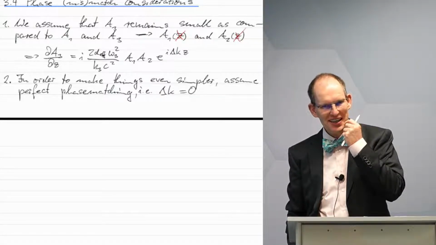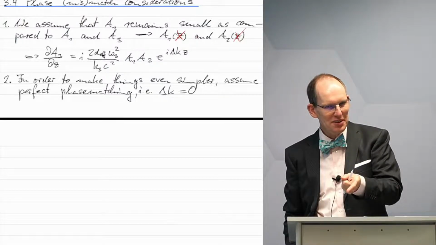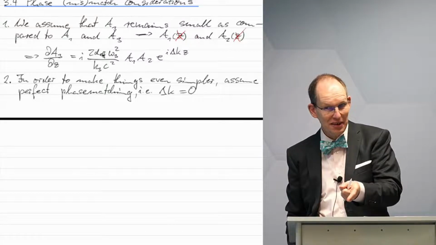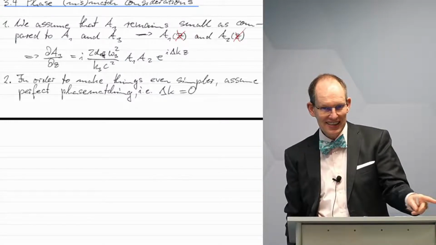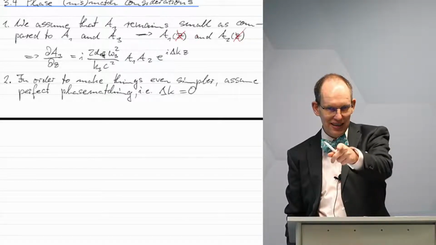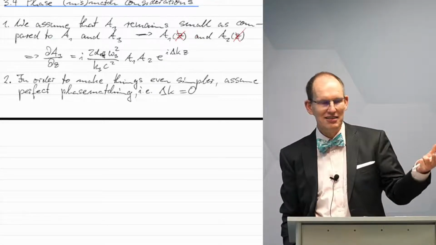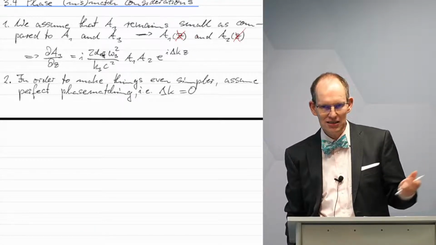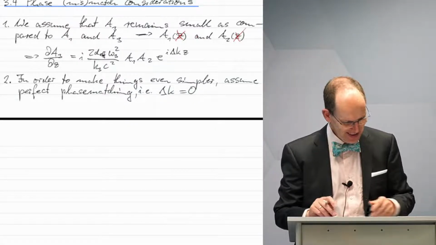Well, I'm joking, because we are talking here about the amplitude, not about the number of photons. The number of photons is proportional to the intensity, and if the amplitude grows linearly, then the intensity increases quadratically. So it is nonlinear.